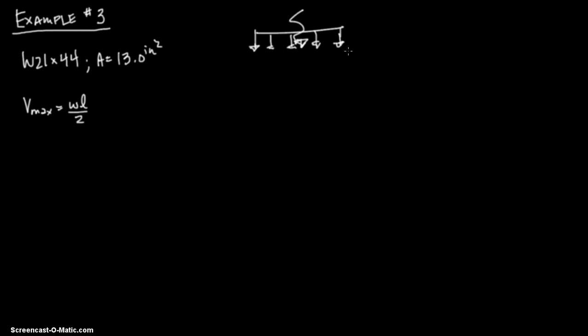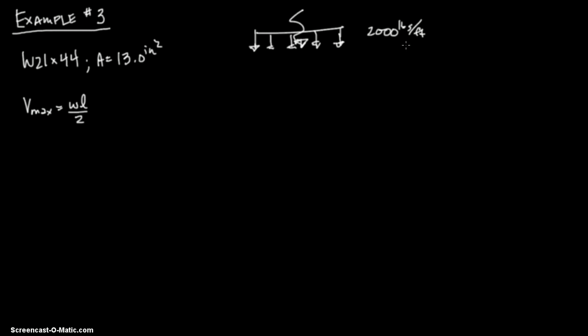I'll go back to example number 1 real quick so I don't give you incorrect information. It is 2,000 pounds per foot times 24 foot.